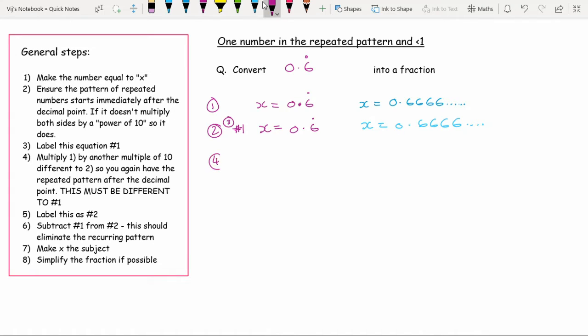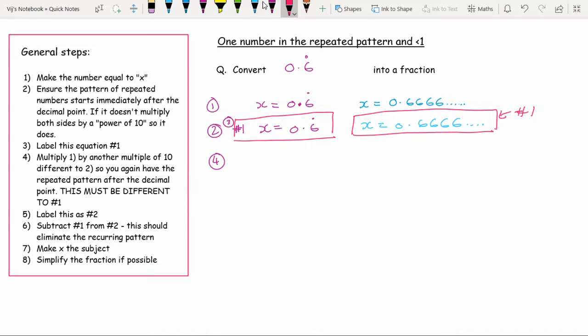So for step 4, what we need to do is we need to try and create 2 equations. Now this is one of our equations, that x equals 0.6 recurring, or this is another alternative way of writing it. So this is also our first equation.